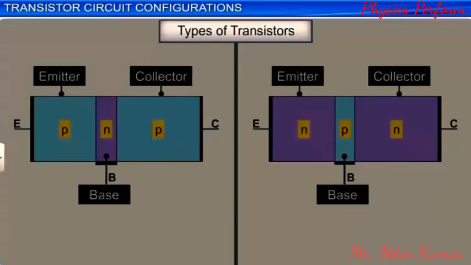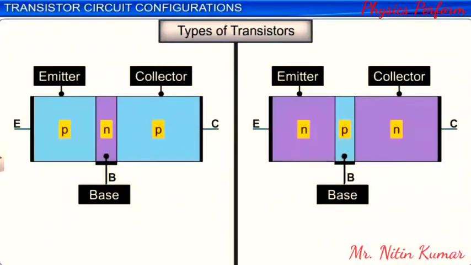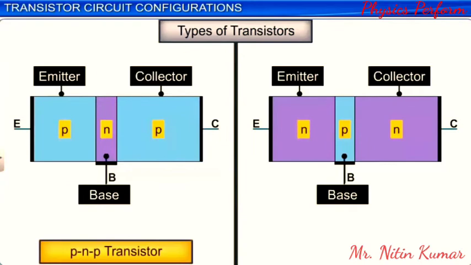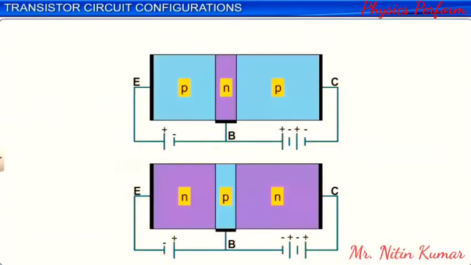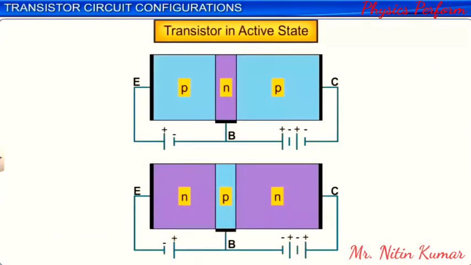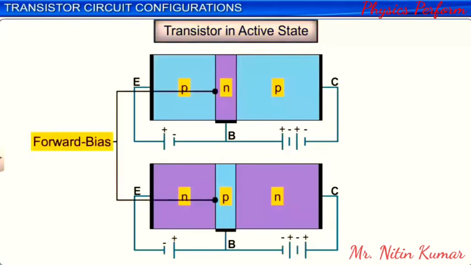You have learned that there are two types of bipolar junction transistors, namely the PNP transistors and the NPN transistors. You have also learned that a transistor is said to be in active state when its emitter-base junction is forward biased and base collector junction is reverse biased.